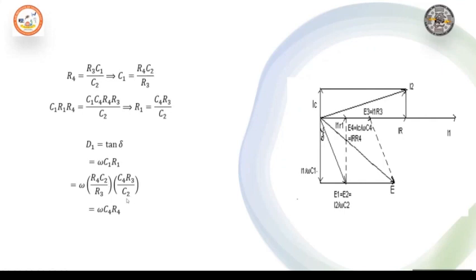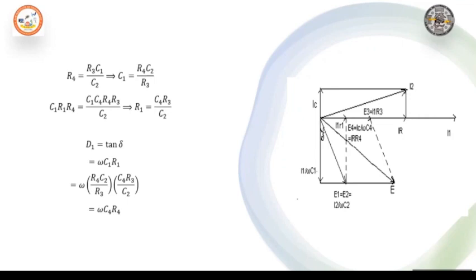So tan del is equal to omega of R3 C4 by C2 into R4 by R3 into C2, which is equal to omega C4 R4. Thus, loss angle can be measured knowing the values of omega, R4 and C4.